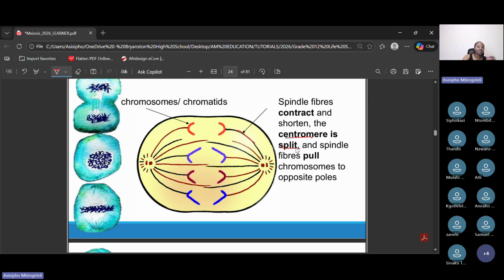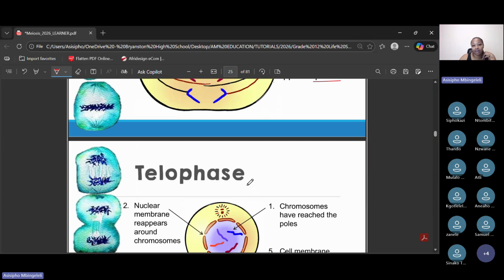We can refer to them as chromosomes or we can refer to them as chromatids, because we are able to see that is a chromosome made up of only one chromatid. That is very important. Opposite poles. Don't write opposite cells or opposite sides of a cell. They're not going to give you a mark for that.